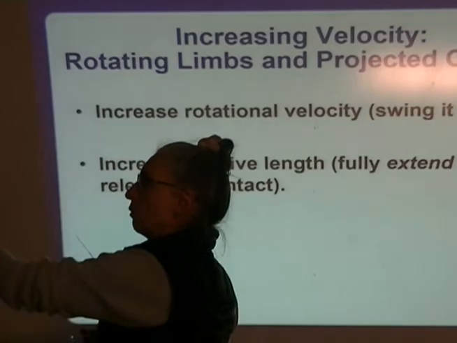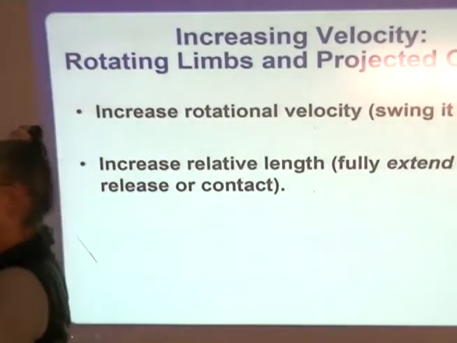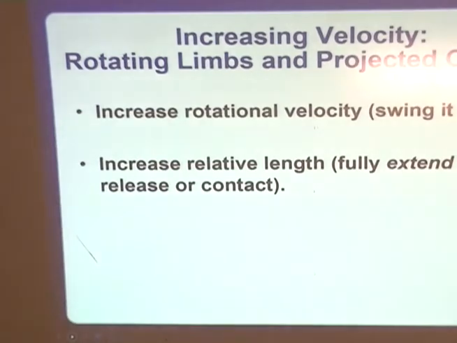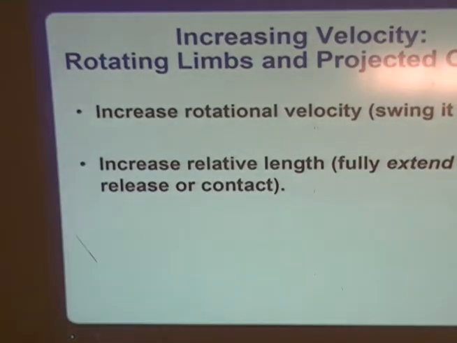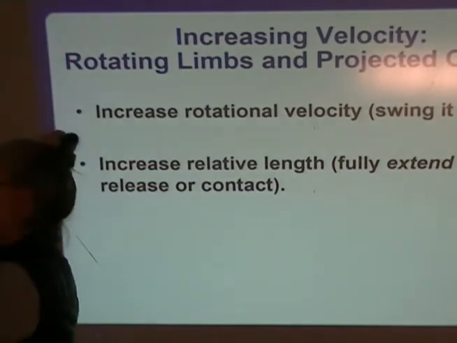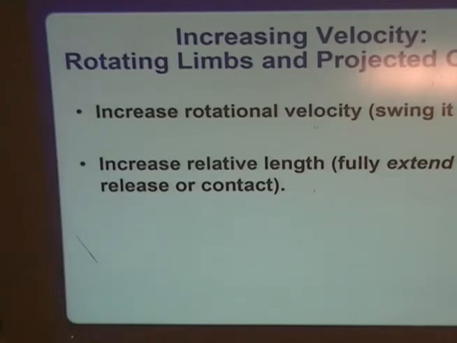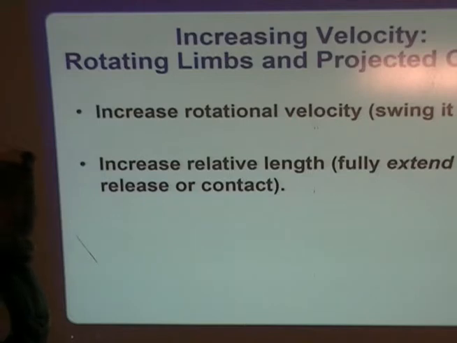So they threw the ball further, but their motor development hasn't improved. Their technique isn't any better. Their competency at the movement pattern of the skill did not improve. But their arm got longer, and therefore the ball went further, right? So that's one of the things we have to look out for.